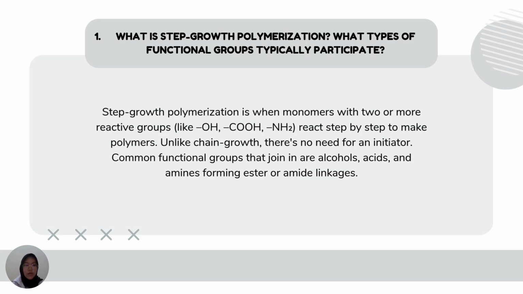So, number 1, what is step growth polymerization? What types of functional groups typically participate? Step growth polymerization is when monomers with two or more reactive groups like OH, COOH, and NH2 react step by step to make polymers.